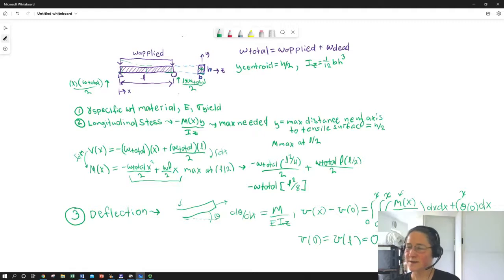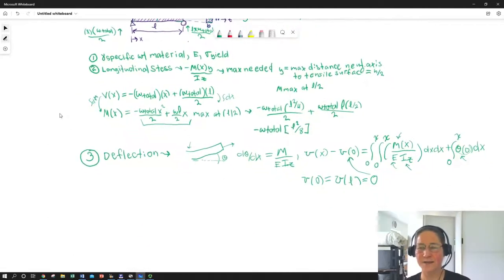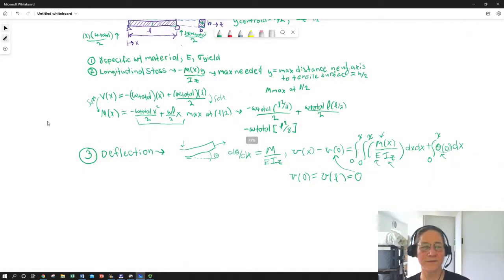So we can use those two boundary conditions, those are called boundary conditions, to evaluate theta at 0 and to evaluate any constants of integration that come out of whatever we integrate. So we can start with this is 0 and then use our v at L to basically backtrack and get theta at 0.